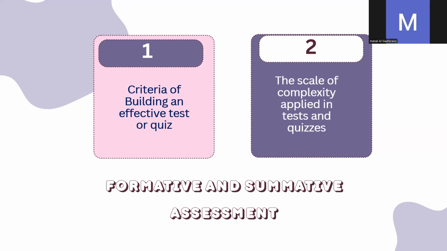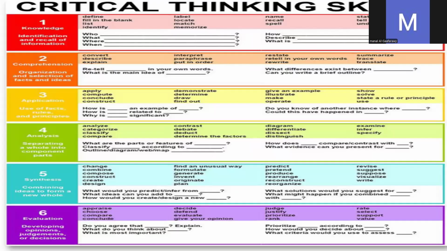The second question I'll be touching on is the scale of complexity. What scale of complexity is recommended to be applied in tests and quizzes so that they're neither too easy nor too difficult?